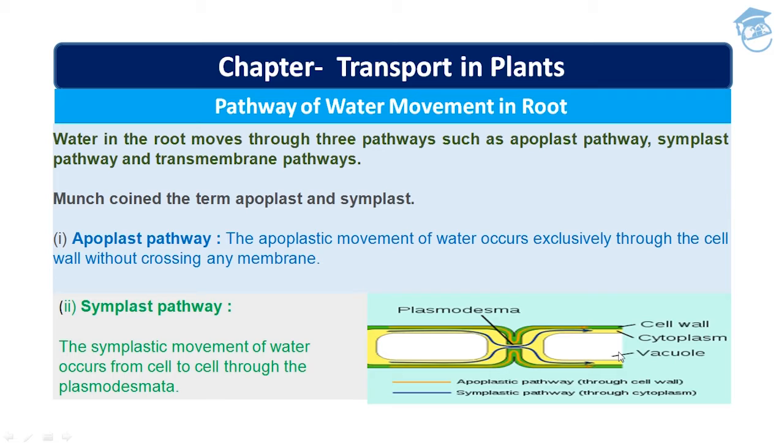Solutes are the substances that are dissolved in a solution. So sugar dissolved in water would be a solute, and in plants, solutes include sugars, amino acids, and ions. I hope it is clear to you now.